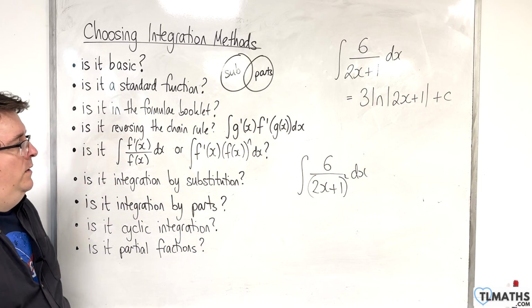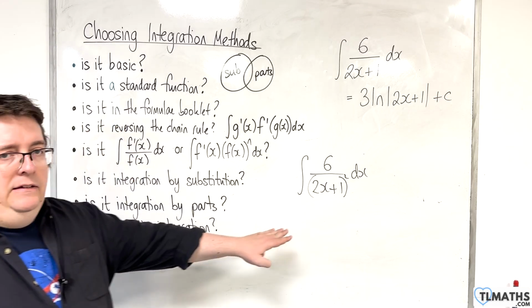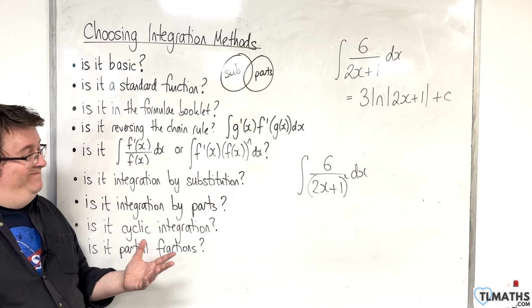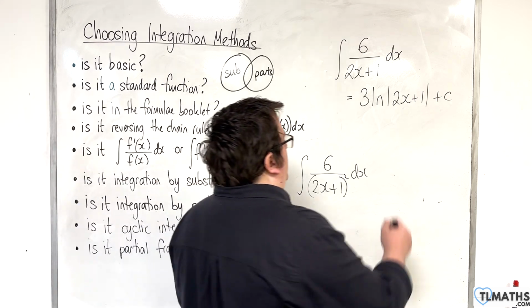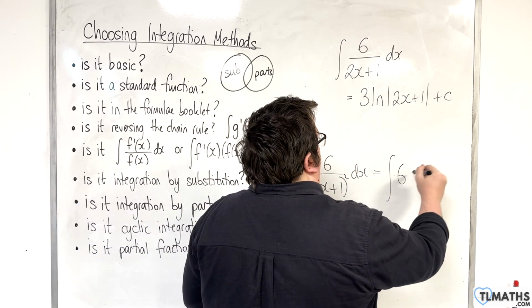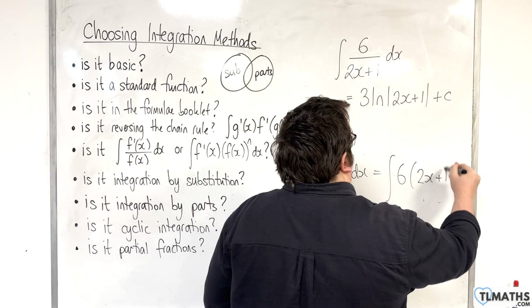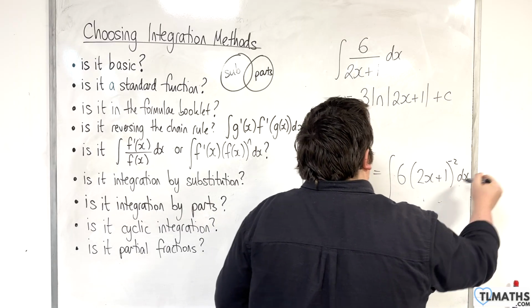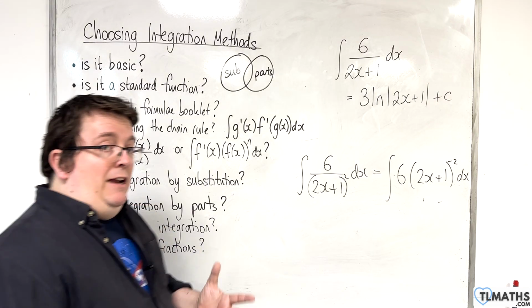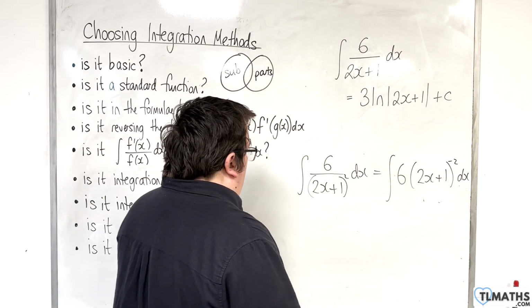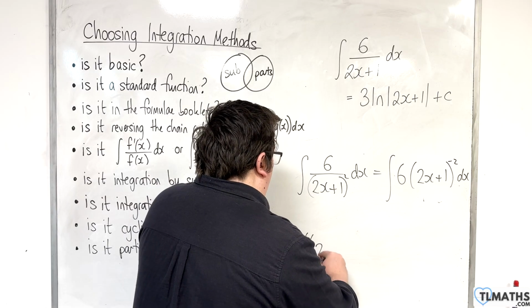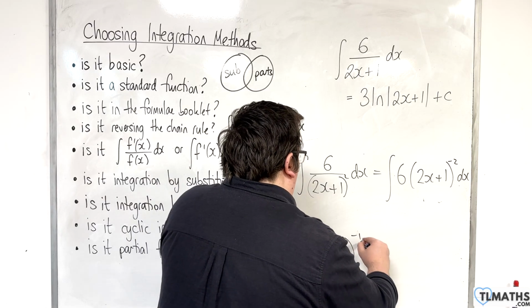Okay? Now, if we've got this one here, yes, you could do it by substitution. I don't know if you really want to get into the habit of just using substitution for everything. 6 lots of 2x plus 1 to the minus 2. So let's rewrite it like that to start off with. Imagine what the result's going to be. We know that it's going to be of the form 2x plus 1 to the minus 1.